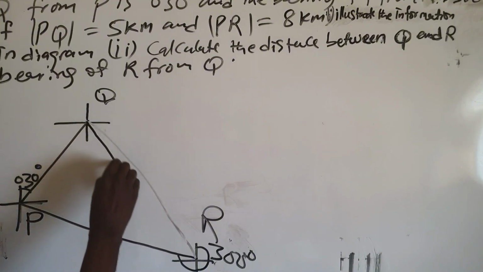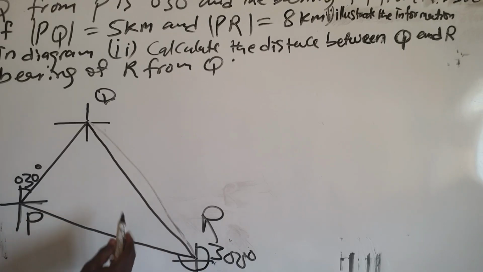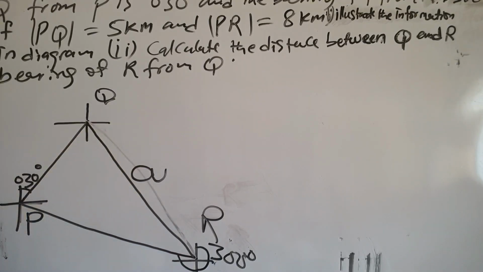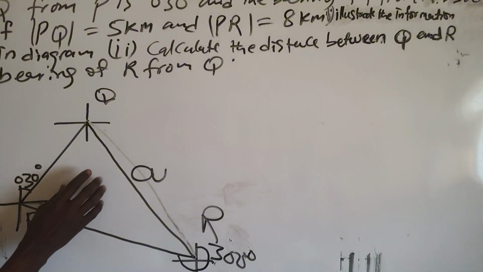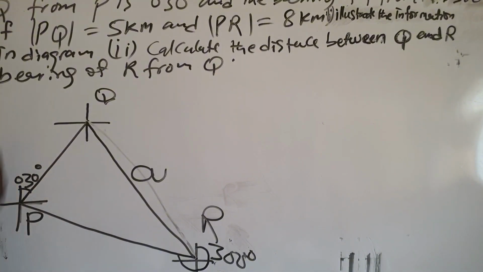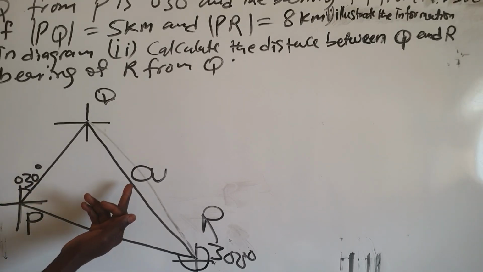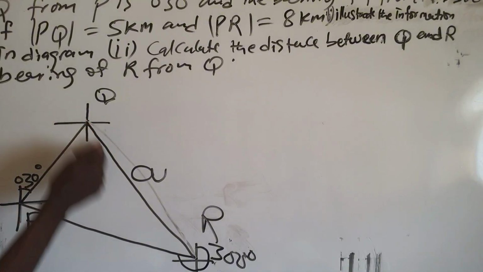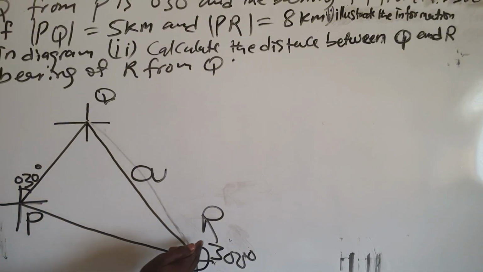So let's name that distance A, which we are going to calculate. We have succeeded in putting this information in a diagram, so we have finished question number 1. Let us now do question number 2, which means we are now going to calculate the distance of Q from R, which we name A, okay?